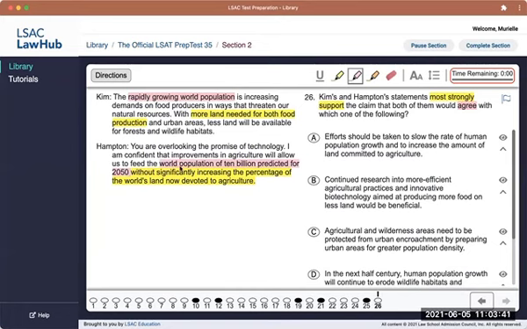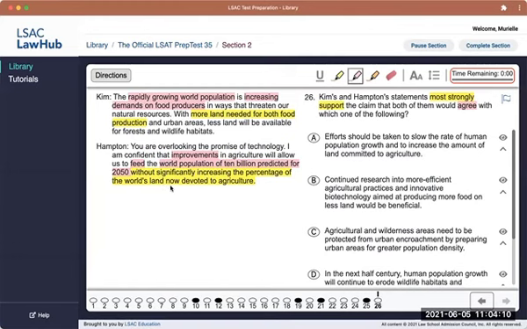So I'm guessing they agree that the world population is going up, and that we need something to change because there's going to be an increasing demand on food producers. Now, is that increasing demand going to threaten our natural resources? This person, Hampton, says no.